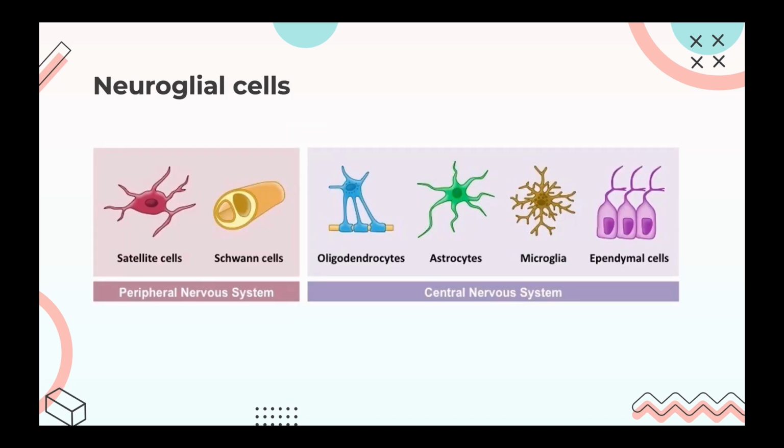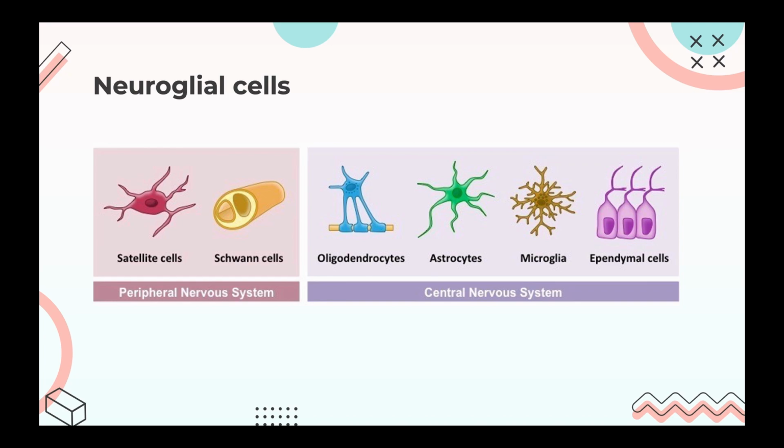Then we have the neuroglial cells. So before we move on to the other organs or parts of organs in the nervous system, we will first discuss some neuroglial cells, which are cells found in the peripheral nervous system and central nervous system that exert certain important functions. And these are not nerve cells, so they cannot actually transmit signals, but they have other functions to help the nervous system.